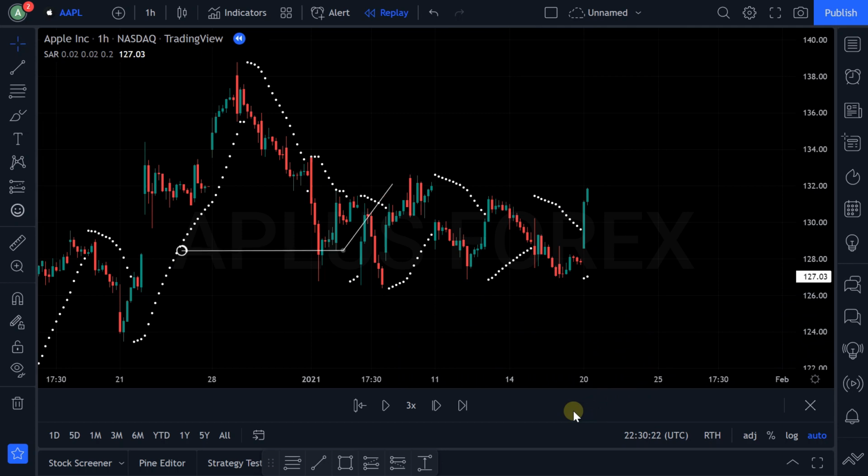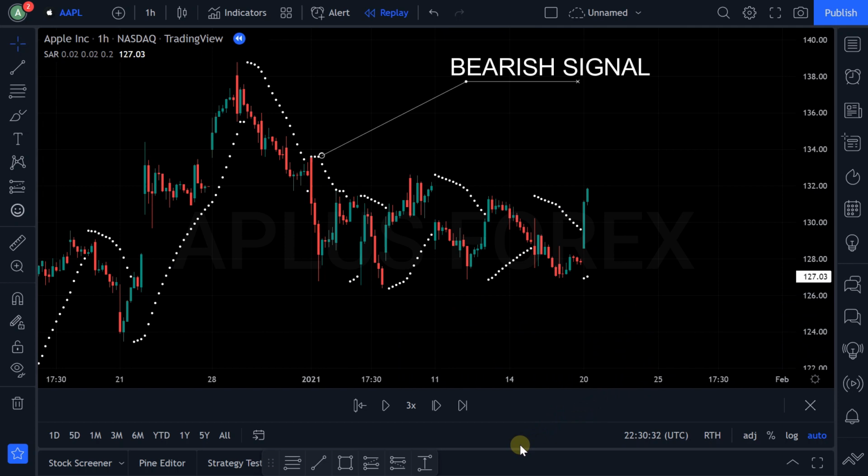A dot below the price is considered a bullish signal. A dot above the price indicates that the bears are in control and that momentum is likely to continue downwards. When the dots flip, it indicates that a potential price direction change is underway.